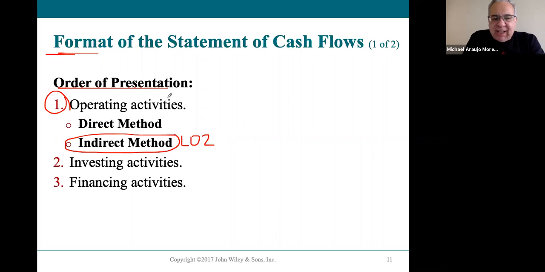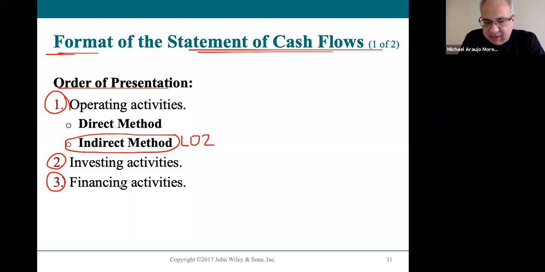The operating activities are the very first thing you're going to see on a statement of cash flows. The second part will show the investing activities of the company, and the third part will show all the financing activities of the company.